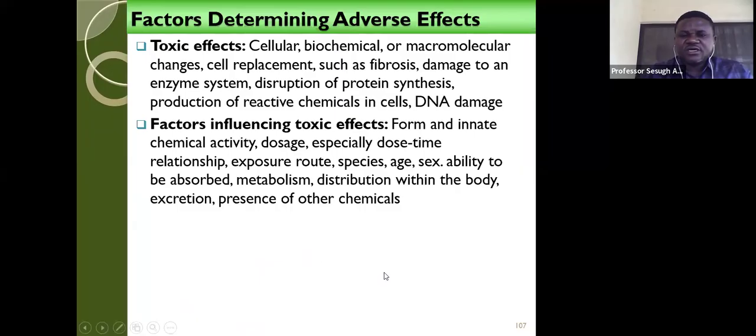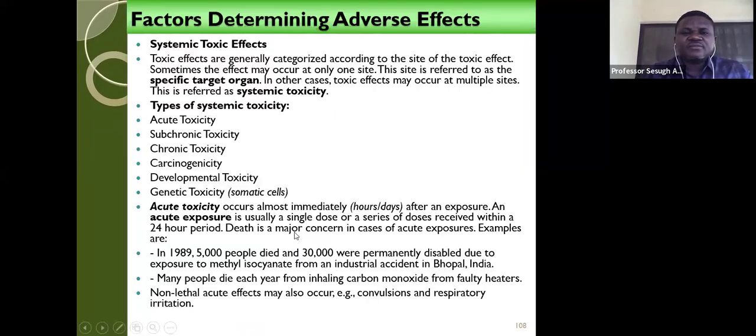These are just re-emphasizing them. Then we have a number of effects. We have systemic toxic effects. Toxic effects are generally categorized according to the site of the toxic effect. Sometimes the effect may occur at only one site.